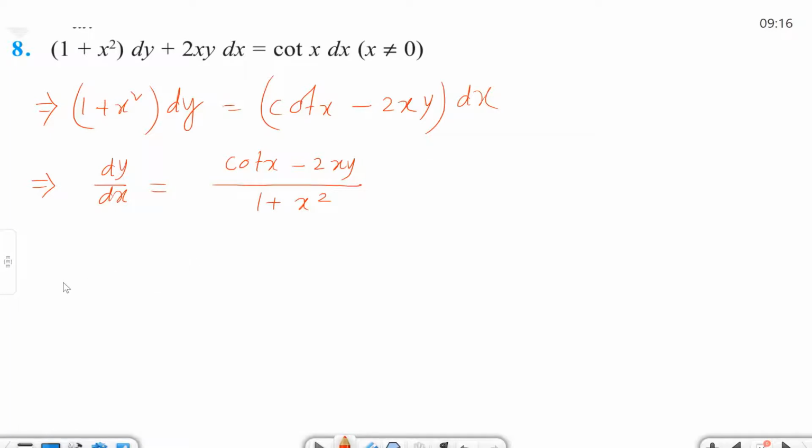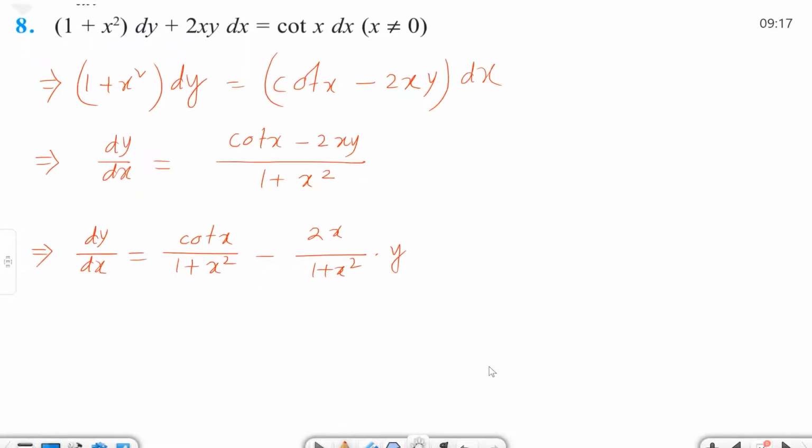So this implies dy/dx is equal to cot x by 1 plus x square, then minus 2x by 1 plus x square into y.